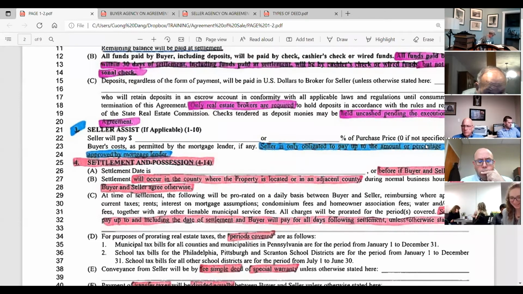The contract says the seller is willing to pay $8,500 towards the buyer's closing costs, but the lender only approves $7,000. What happens to the $1,500? Becomes the buyer's responsibility. Right. The seller is only obligated to pay up to whatever the lender approves. And in this case, the lender only approved $7,000.